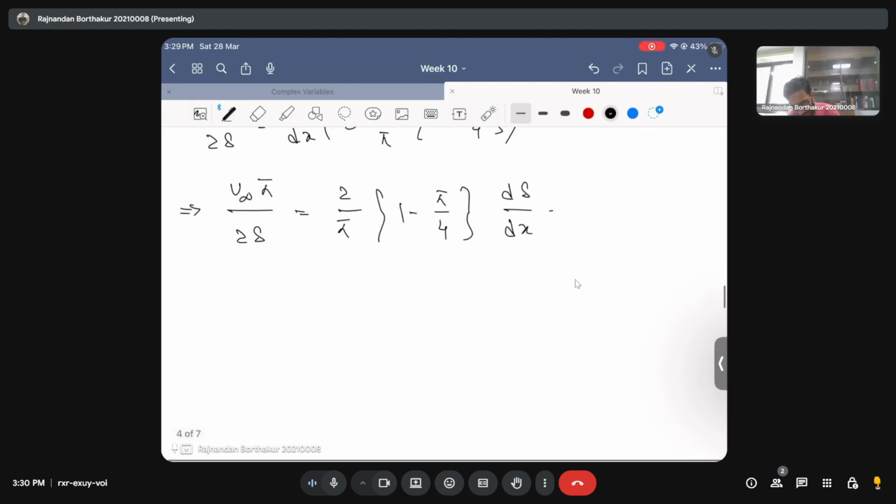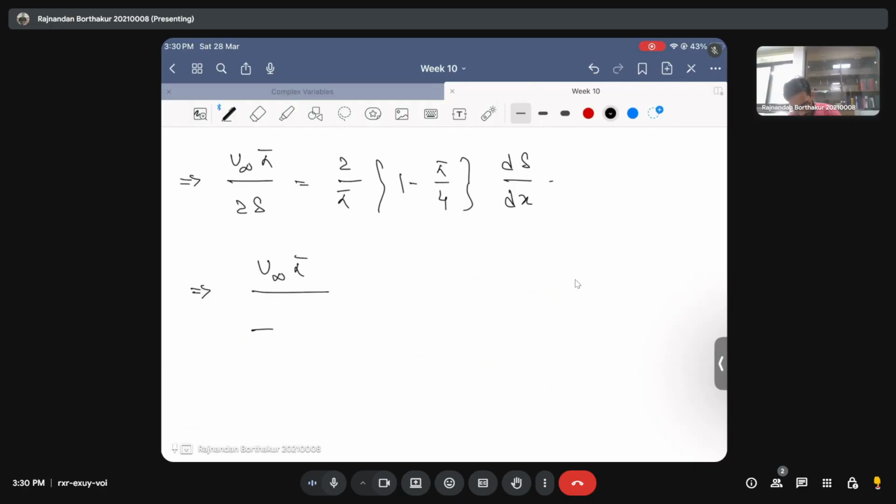Okay, so then let's do some simplifications. So what can we do? We'll basically take the x to the other side. So this will be u infinity by pi, and then this will be 2 by pi, this factor. So 1 minus pi by 4.